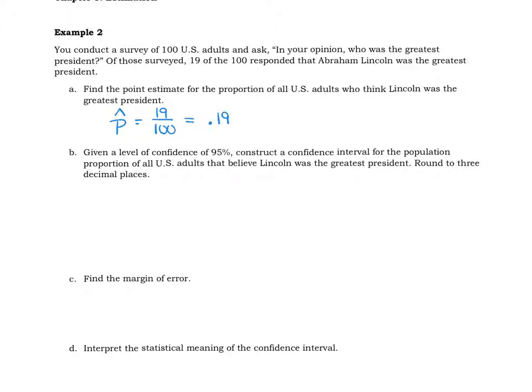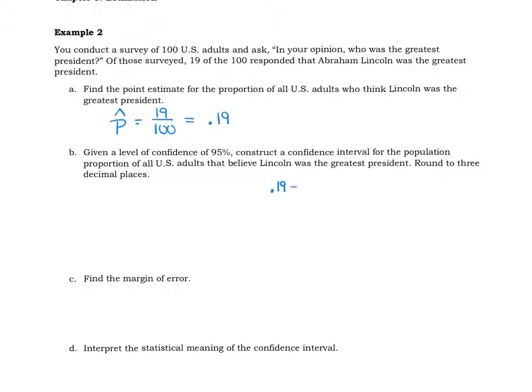All right, given a level of confidence of 95%, construct a confidence interval for the population proportion of U.S. adults that think Lincoln was the greatest president. Remember, our 0.19 lies right here. This is what we got, and we know that we have this error.